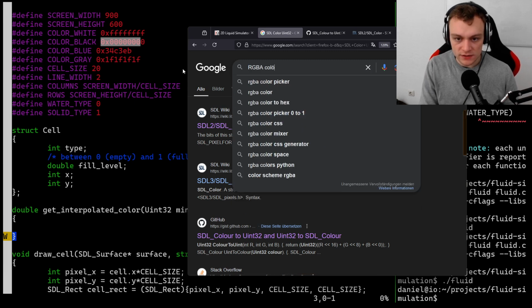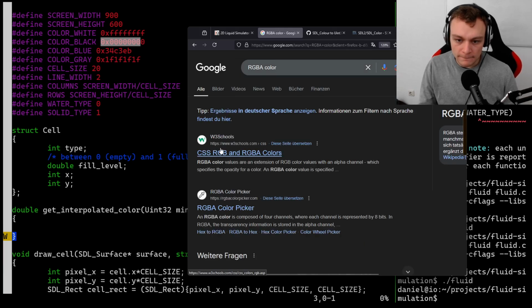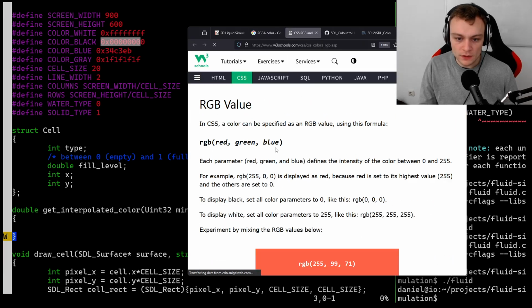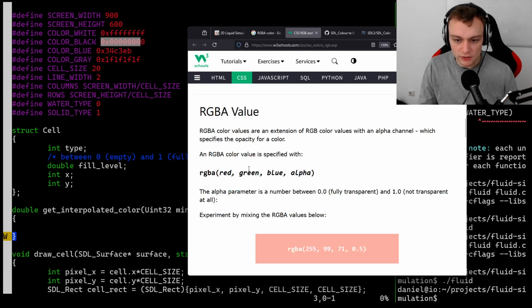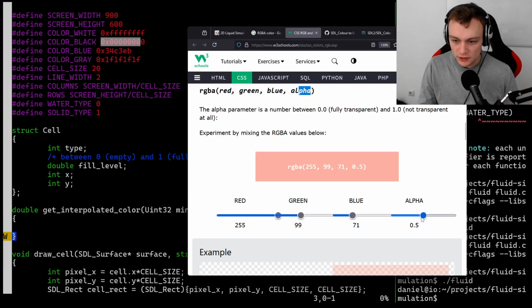RGBA color. Let's have a look. Red, green, blue is RGB, and then there's RGBA, which is alpha. And alpha is the opacity, right? And this is what we would need for the interpolation, I would say. So we actually only need to change this last value.